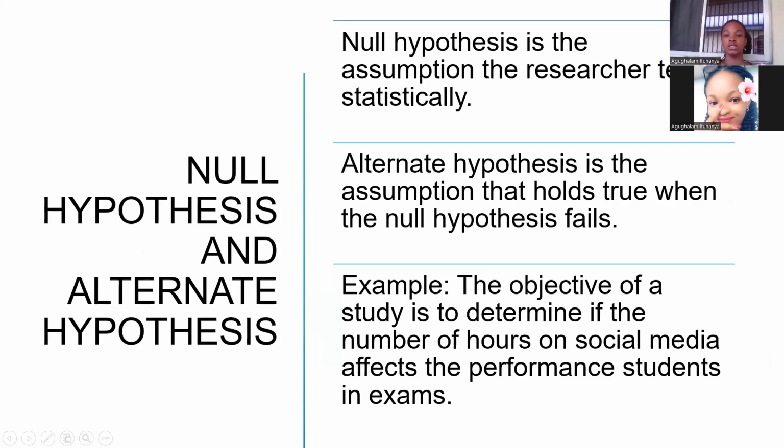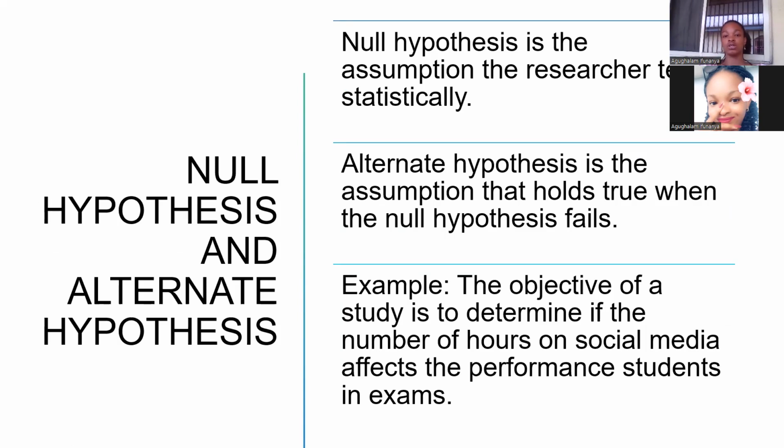So null hypothesis is the assumption the researcher tests statistically. And then the alternate hypothesis is the assumption that holds true when your null hypothesis fails. So if you fail to prove that your null hypothesis stands, your alternate hypothesis takes over.